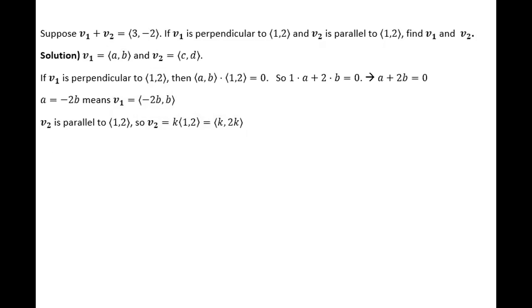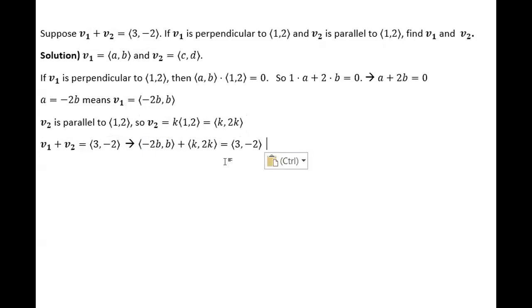Now what do we need? We need V1 plus V2 equals (3, -2), right? So we are going to take this here, and we want to say that this vector right here and this vector right here should add up to (3, -2).